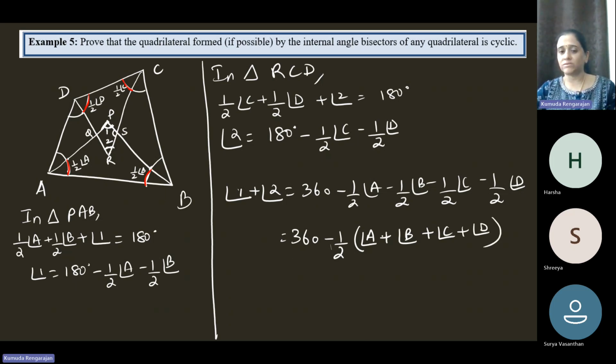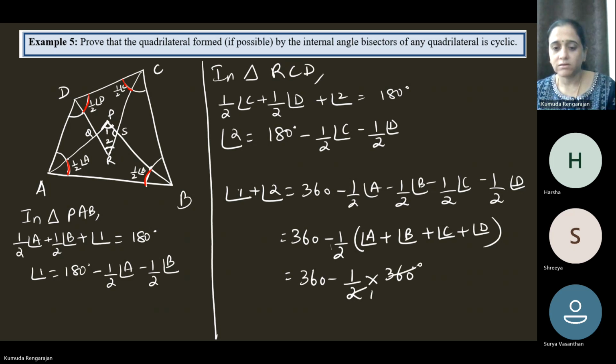Minus into plus is minus. So now in quadrilateral ABCD, what is the sum of all these four angles? 360. Because angle A means the whole of angle A. So half into 360 degrees is 180. So you get 360 minus 180, which is 180 degrees.